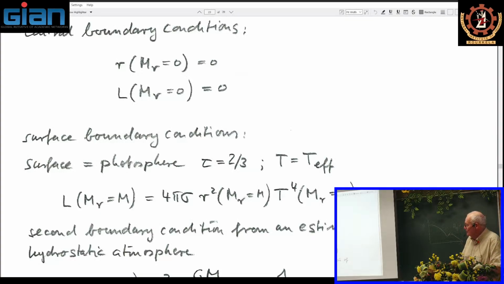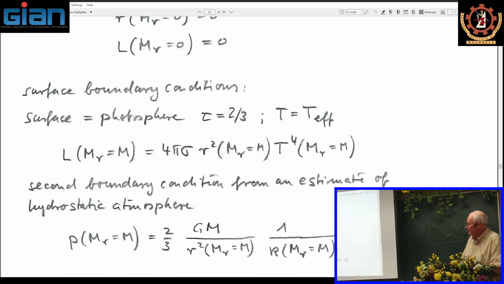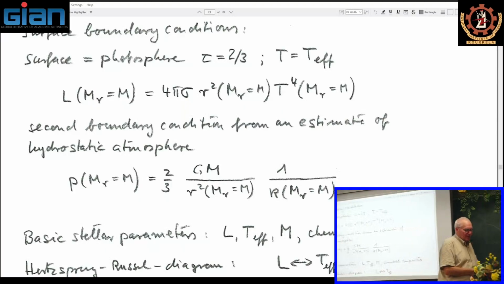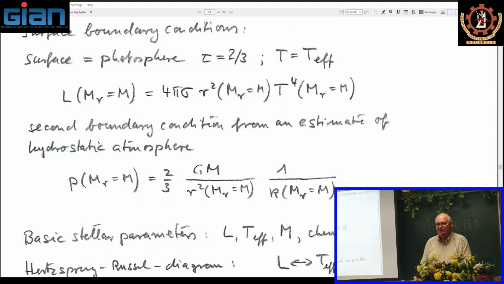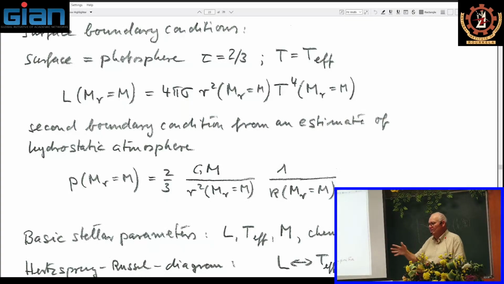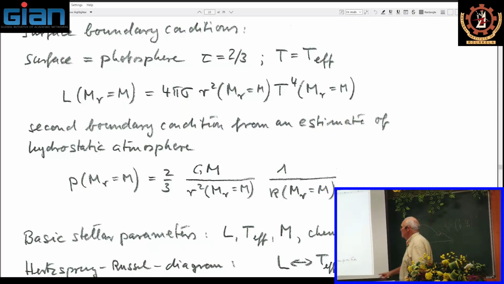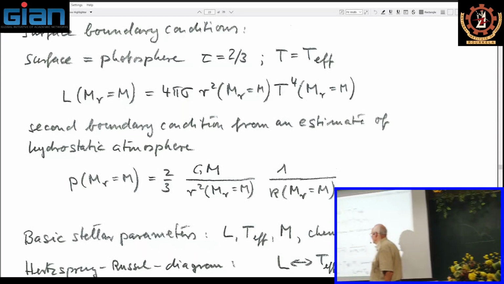We need, of course, a second condition, which is derived from estimating the properties of the atmosphere, integrating from infinity to the position where tau, the optical depth, is equal to 2/3.